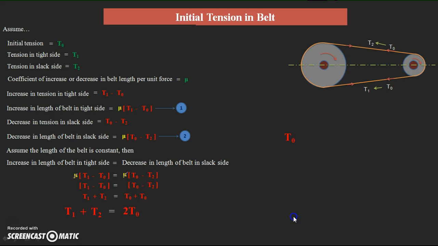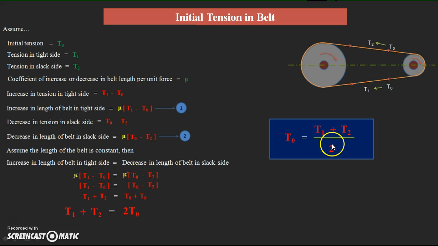So T0 is equal to T1 plus T2 by 2. This is the initial tension equation in terms of the final tensions in the belt during power transmission, derived by proper analysis.